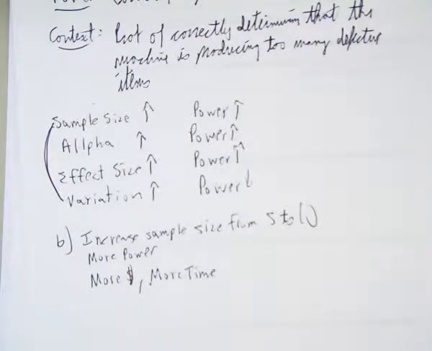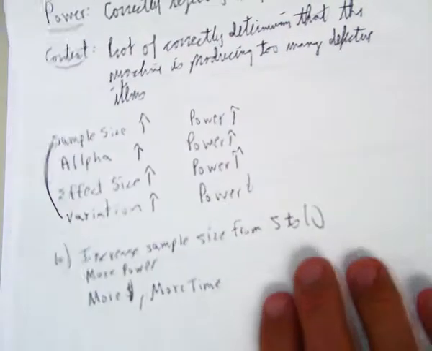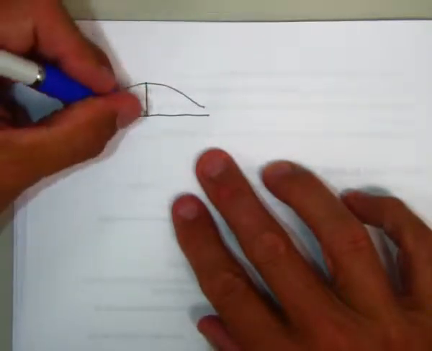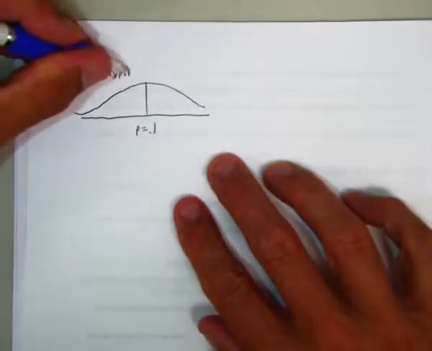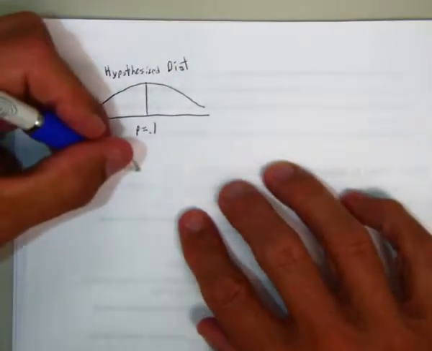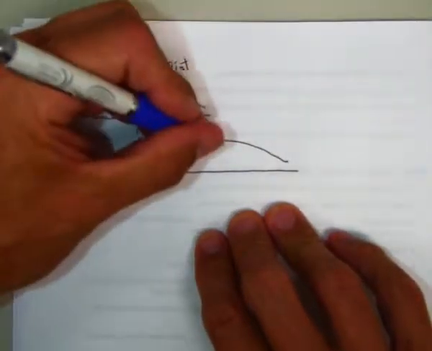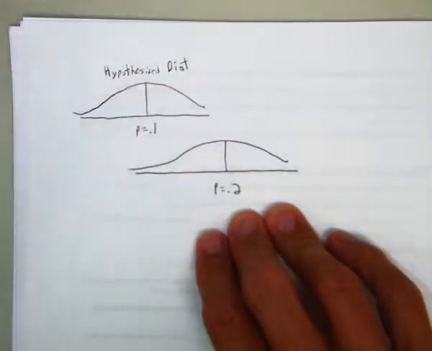And then C says they currently use a 5% level of significance. What are the advantages and disadvantages of changing to an alpha level of 1%? Well, we think that P is 0.1. So this is what we call our hypothesized distribution. But let's say that the machine, I'm just going to make up a number, is 0.2.